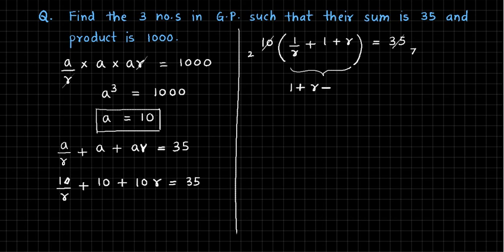And then we also merge the terms inside the bracket, and we'll get the common expression as 1 plus R square whole divided by R, which is equal to 7 by 2. Right?